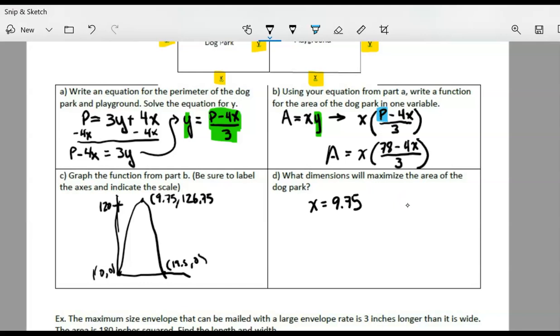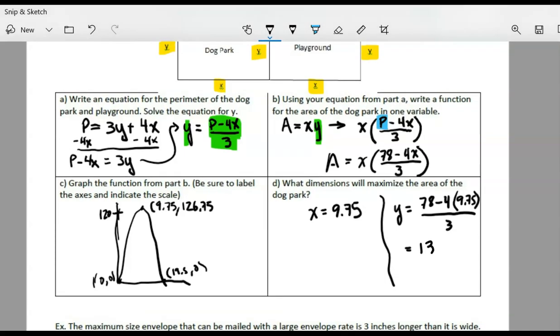Then we can go back to our equation from part A and say y equals the perimeter, which we know is 78, minus 4x, but instead of x we'll put 9.75, and that's all over 3. Then we'll put that in the calculator. When we do, we see that y equals 13.